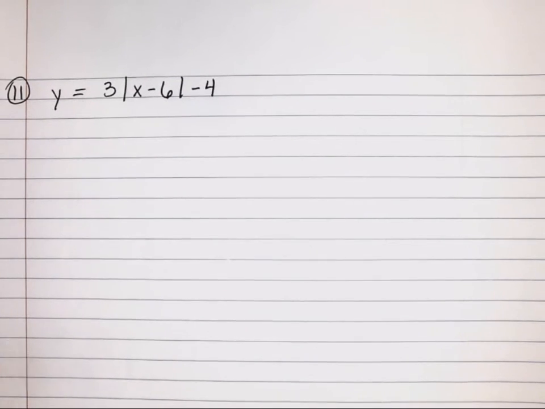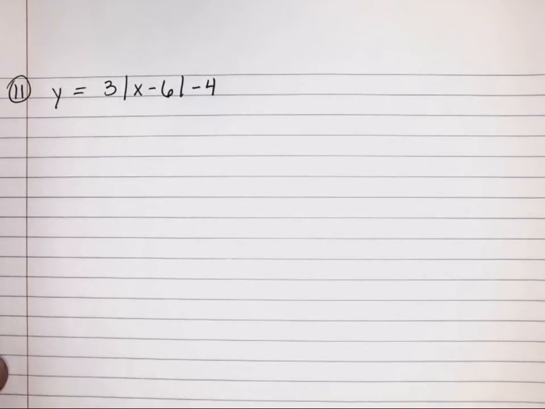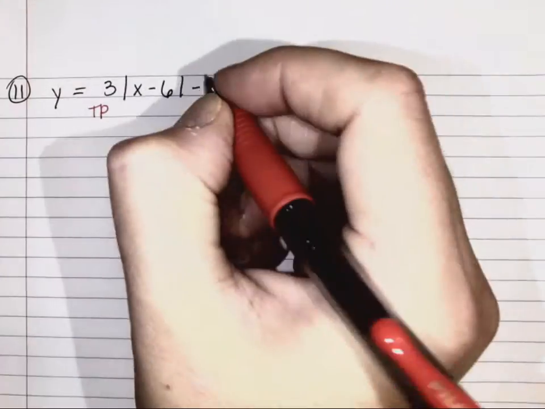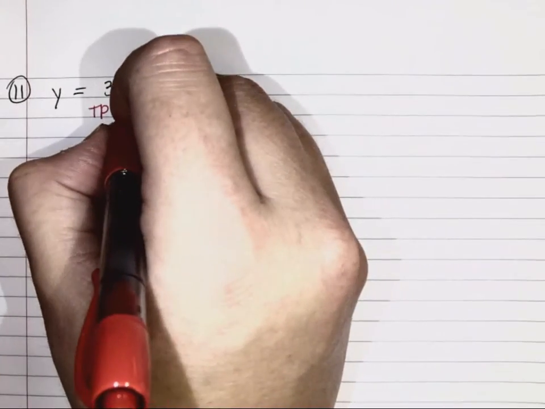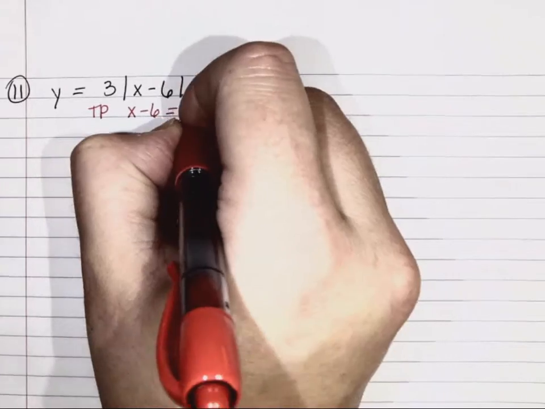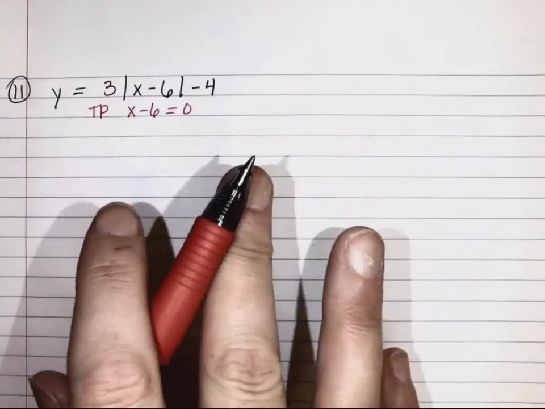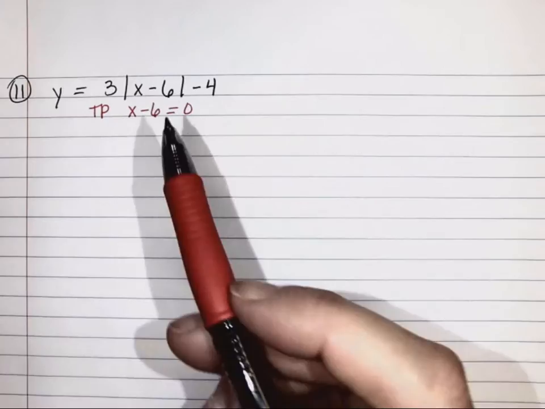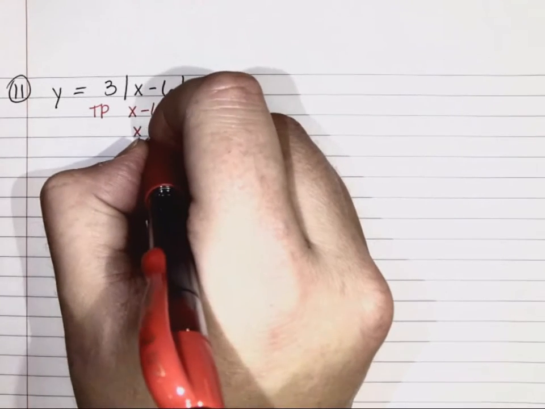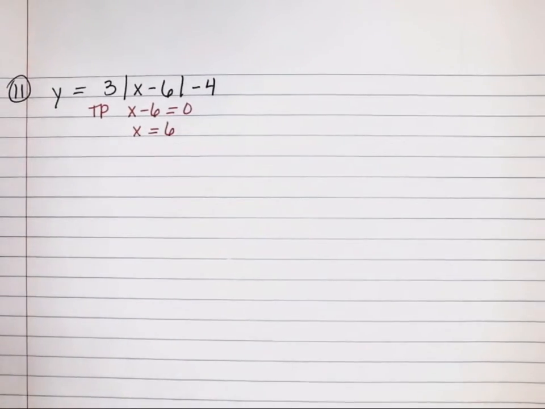So if you'll recall, the way that we did that, we found what made your turning point, which is just what makes x minus 6 equal 0. You're only looking at the absolute value part, what would make the guts or the inside equal 0. So we add 6, so x equals 6 would be that.